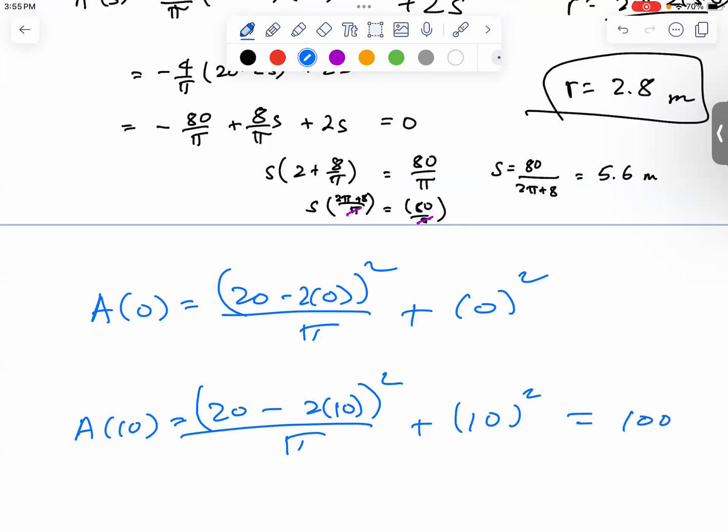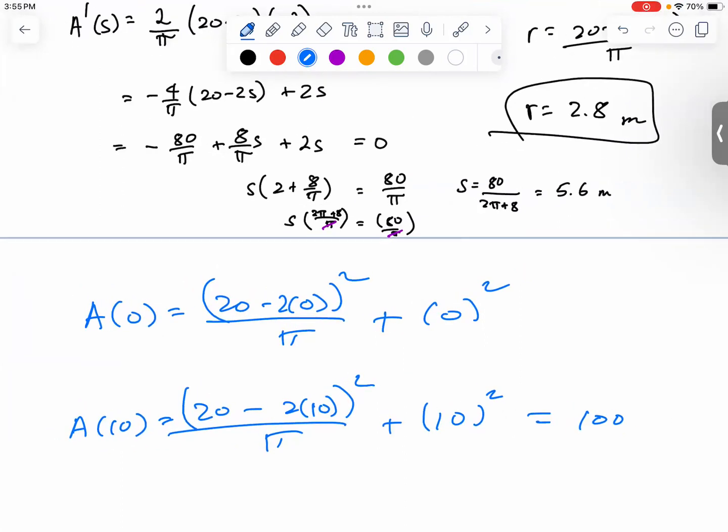The second one would simply be 100, because when we have 10 for the side length, that means we don't have any circle. And when we have the side length at 0, that means we have all circle. So this would be 400 squared over pi. And 400 over pi, not 400 squared. 400 over pi, which is about 100 something, bigger than 100.